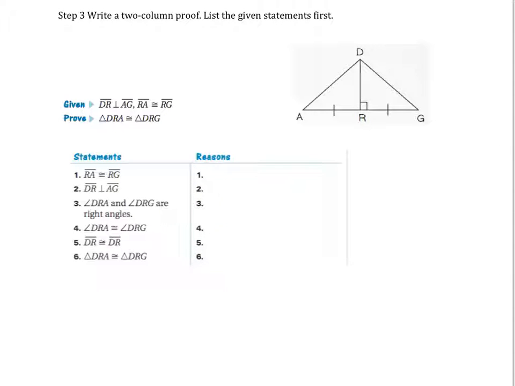So if you take notice, the first statement is RA congruent to RG. That is in my given. The fact that DR is perpendicular to AG, again, is in my givens. Okay? We have marked up here DRA and DRG are right angles.